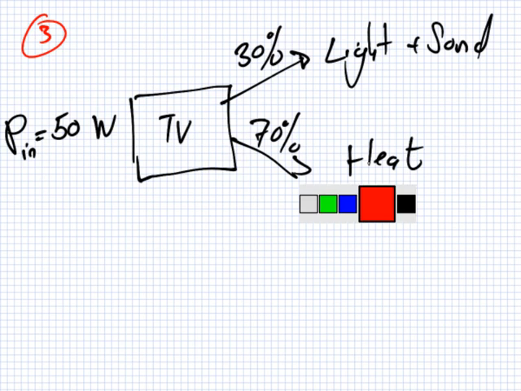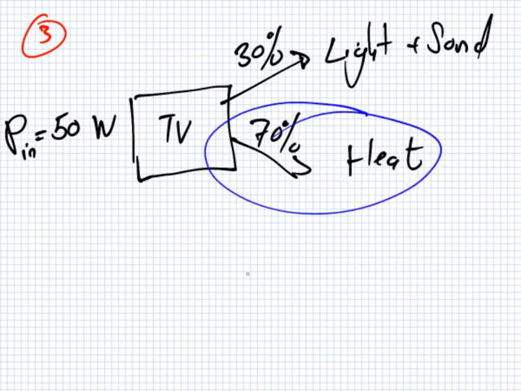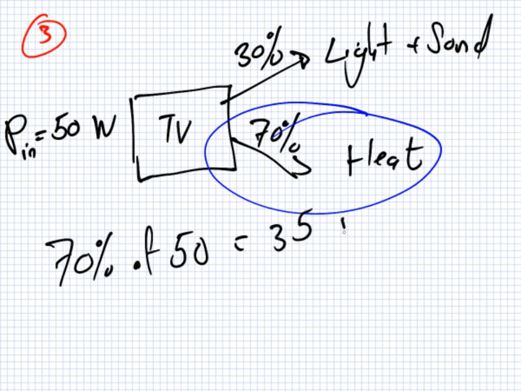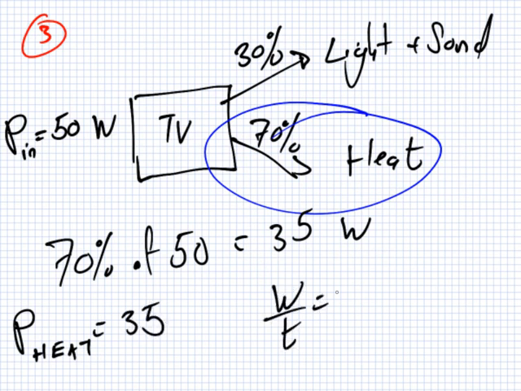Yeah, so I want to know how much is wasted in 1 hour. So what is 70% of 50? Well, that's going to be 35, isn't it? Yeah. 35 watts. So the power for the heat which is wasted is 35 watts. Power is work over time.